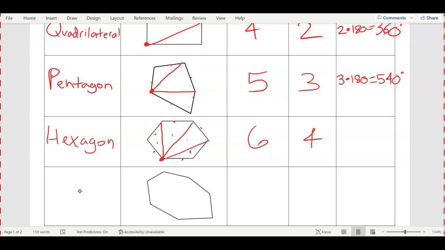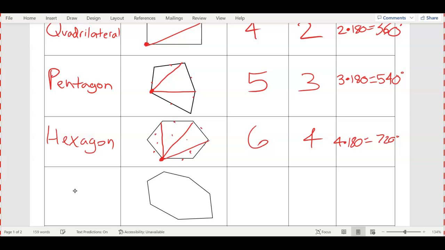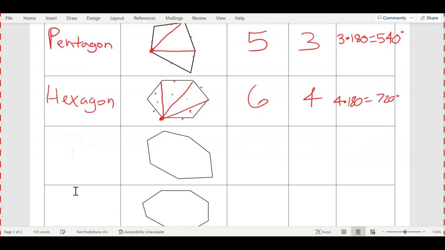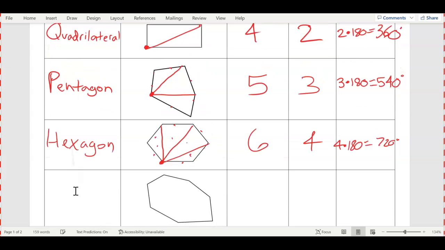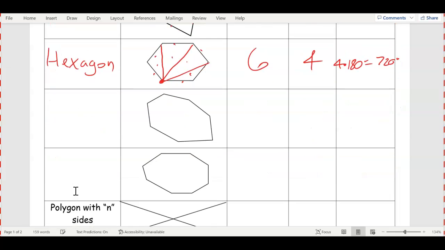And again, we're going to take that number of triangles times the degrees, 180. 4 times 180 is, no, not divided, 4 times 180, 720. Okay, now, two more. You might see the pattern already, hopefully, but let's just do these two more, okay?